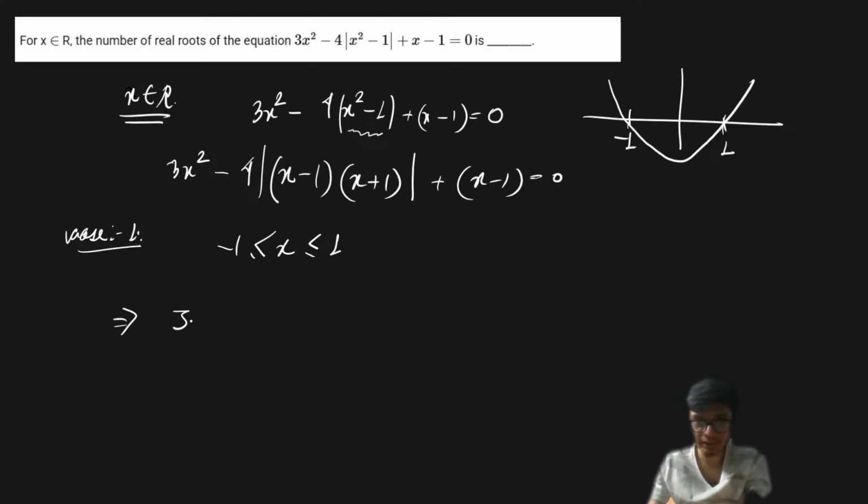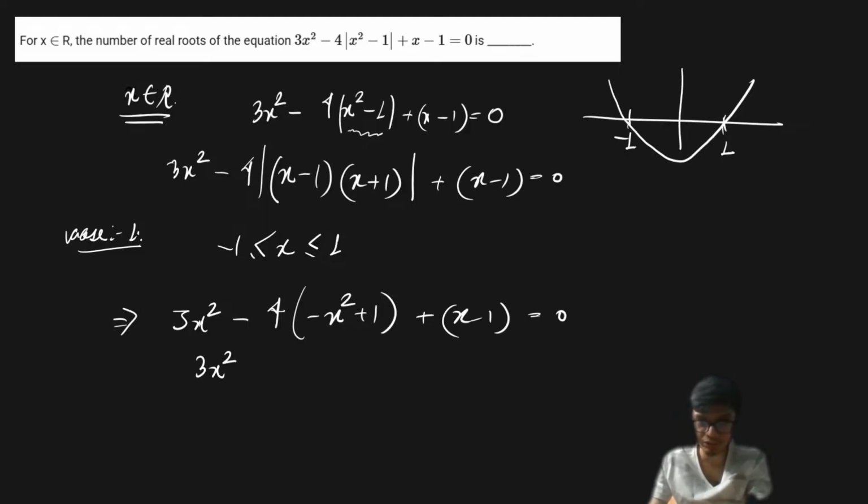In that case, the mod of x square minus 1 opens up with a negative sign. So it becomes 3x square minus 4 times (minus x square plus 1) plus x minus 1 equals 0. This gives 3x square plus 4x square minus 4 plus x minus 1 equals 0, and simplifying, 7x square plus x minus 5 equals 0.